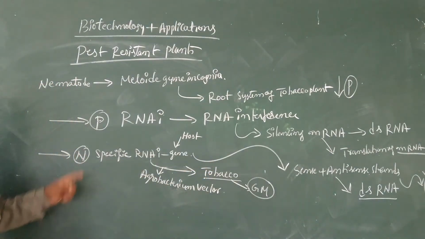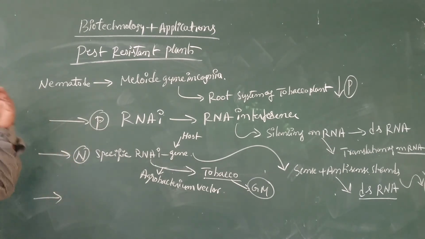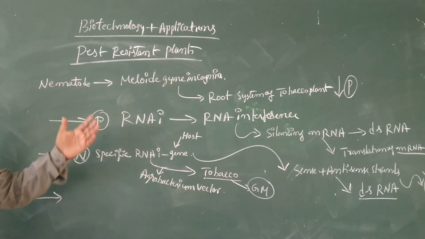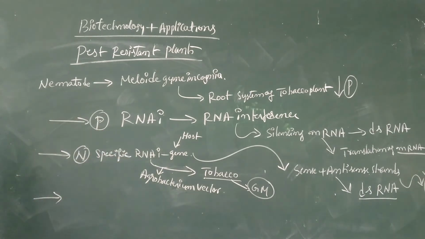And in the tobacco plant, the nematode will not survive. With the help of biotechnology, Meloidogyne incognita can be stopped by insertion of the RNAi gene. RNAi means RNA interference. RNA interference usually silences the mRNA.